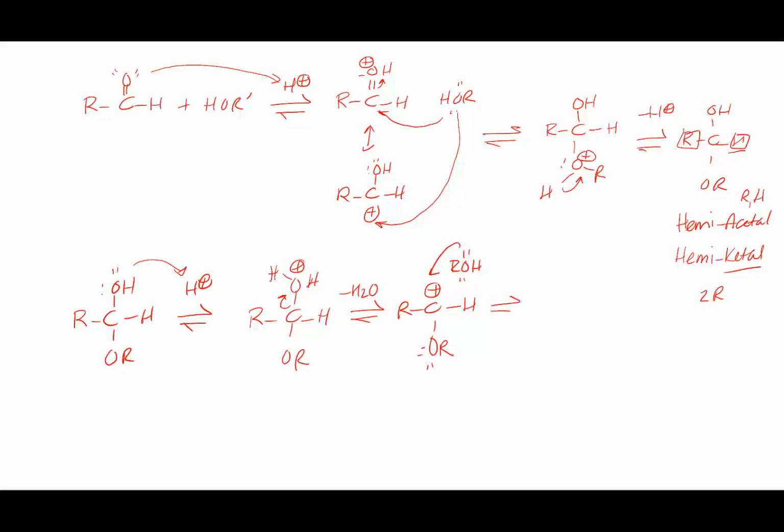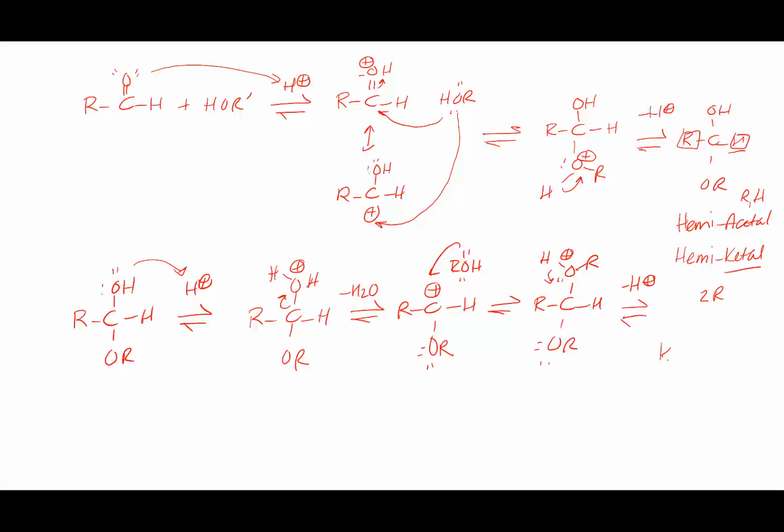So now my alcohol comes in. Now I have my oxonium ion again. And what's my final step? Lose the H+. And remember, the H+ is a catalyst, so it's constantly jumping on and off.